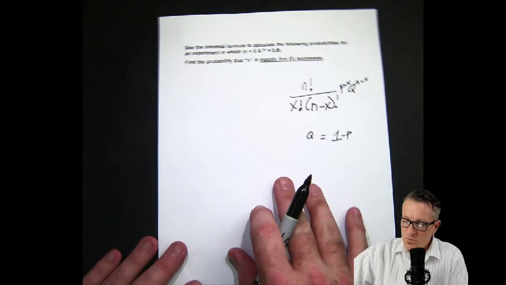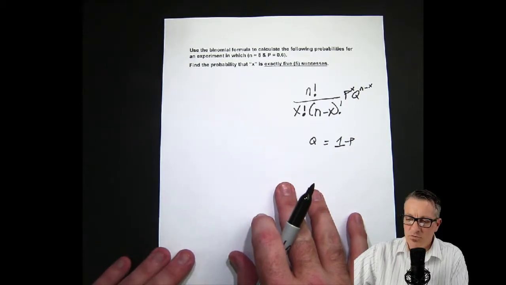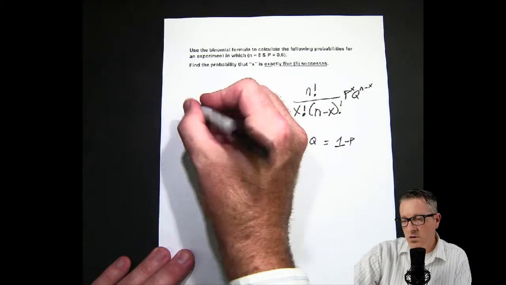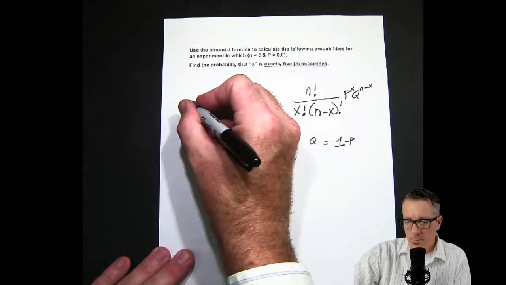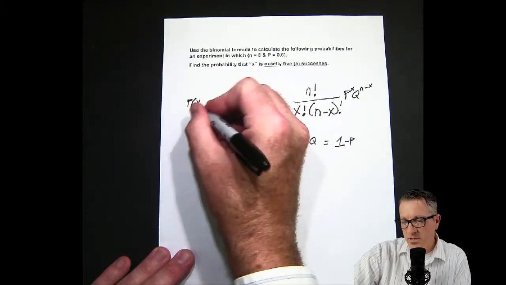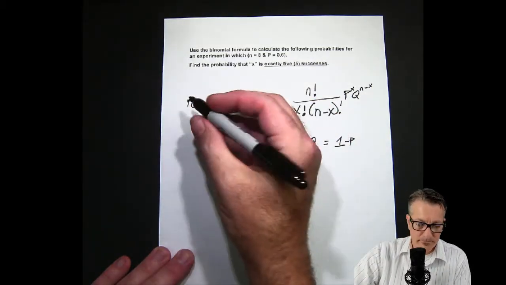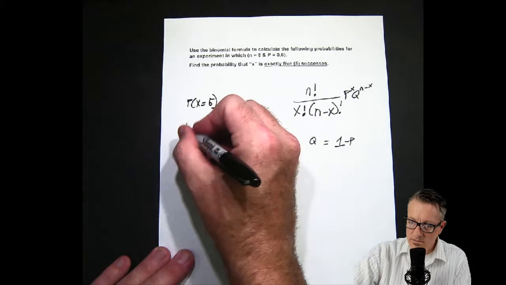So first what I'll do is I'll lay this out and just solve it with the formula. Okay, so we're looking for the probability of x equaling 5. Okay, so we can write it out like this.